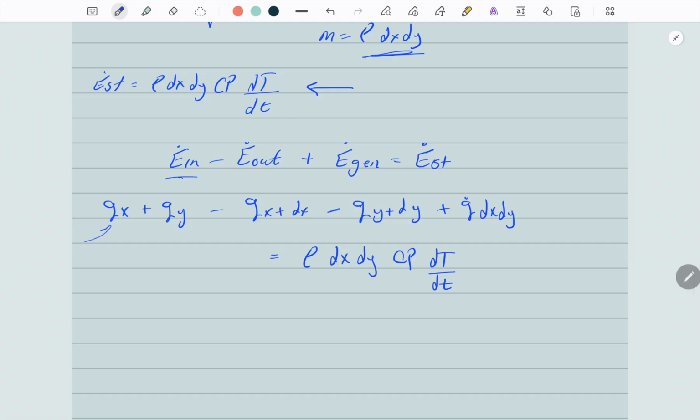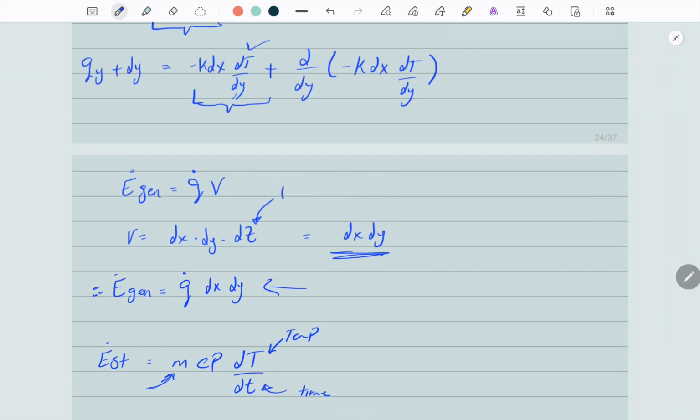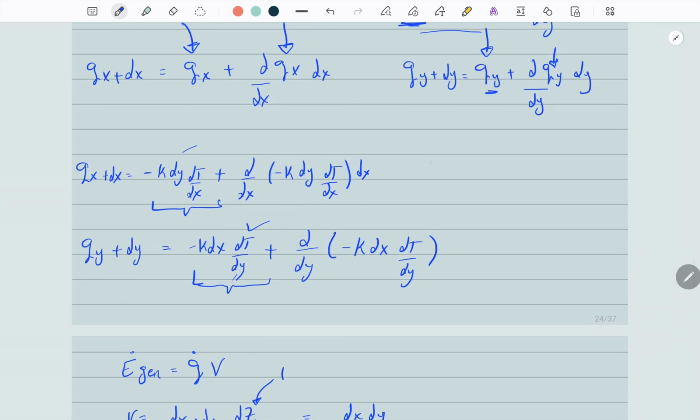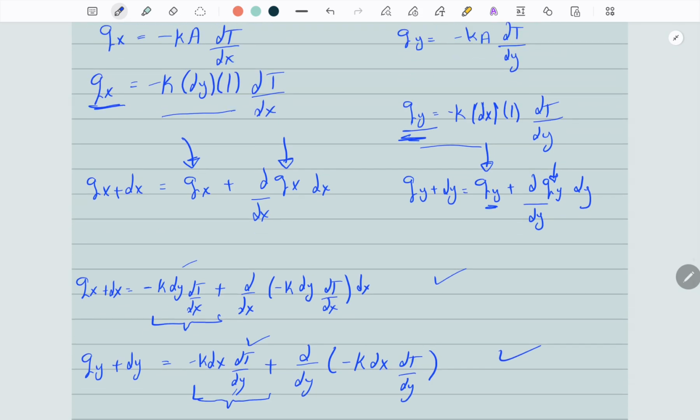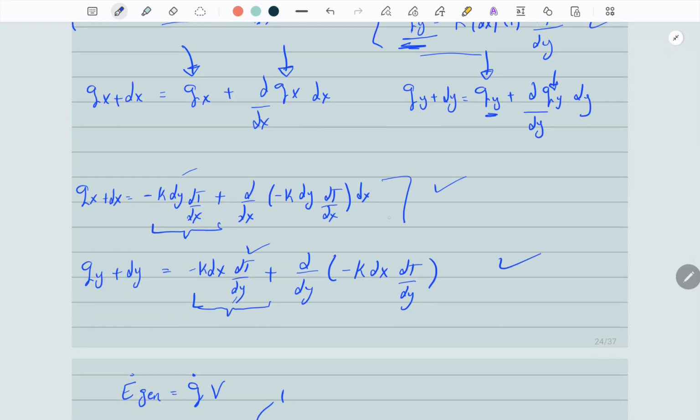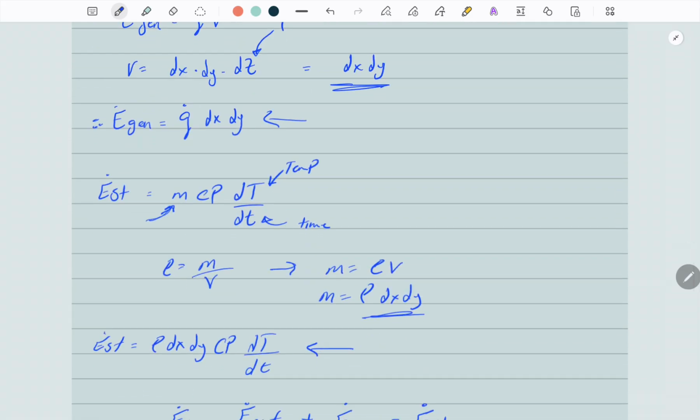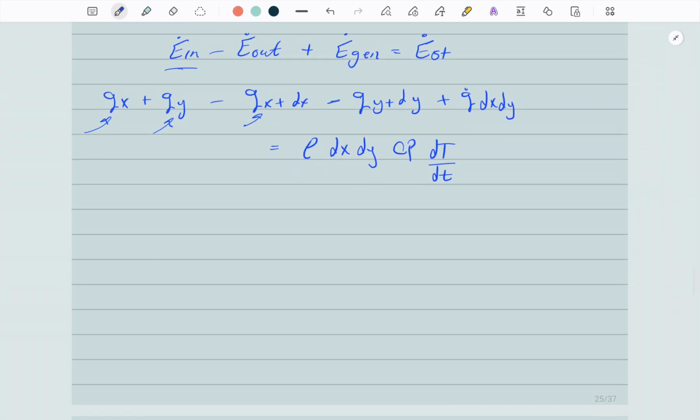Okay, now we can enter these values that we found up here. Right there. These are the inlets and these are the outlets. So let's go ahead and do that. Just gonna pause the video here, input these variables and come back.